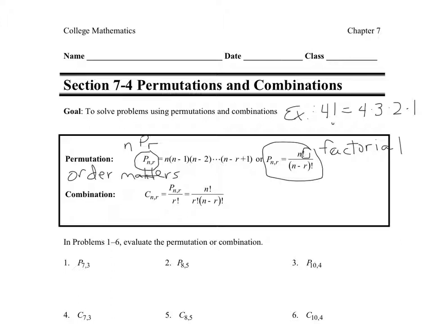Now, the difference between the permutation and the combination is in a combination, order doesn't matter. Now, if you're thinking for a second about possibly years ago when you were in school and you might have had a locker and there was a lock on there, when you were given a combination to the lock, did order matter?